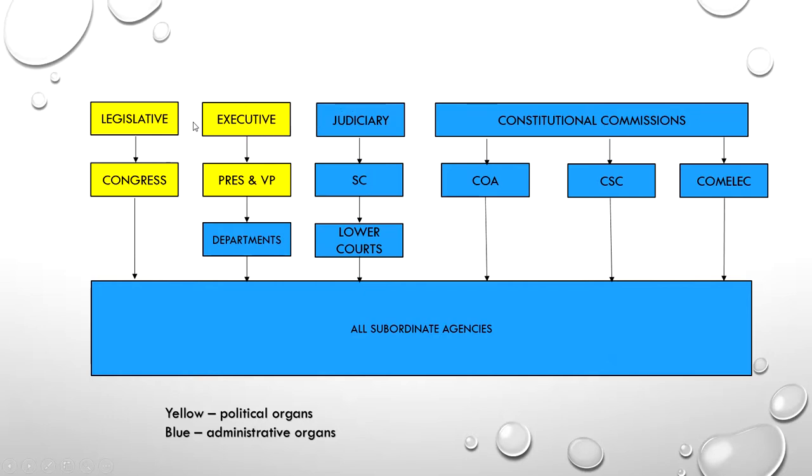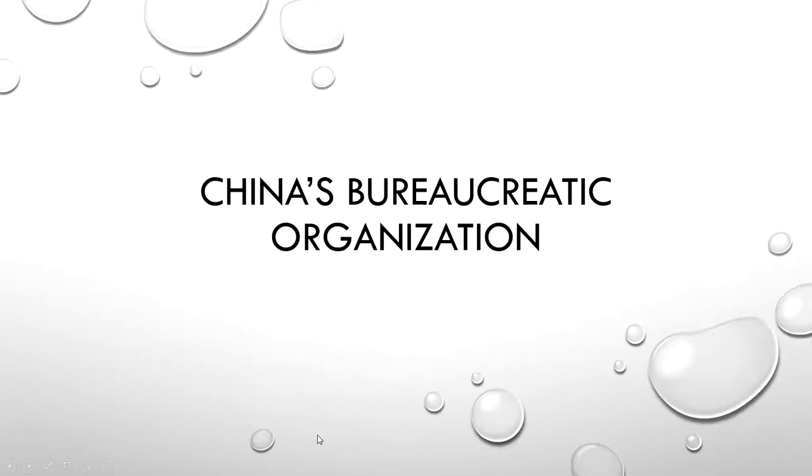They are co-equal, and they have different responsibilities: the legislative crafts laws, the executive enforces and implements laws, and the judiciary interprets the laws. Then we have the constitutional commissions, which are also part of your administrative organ.